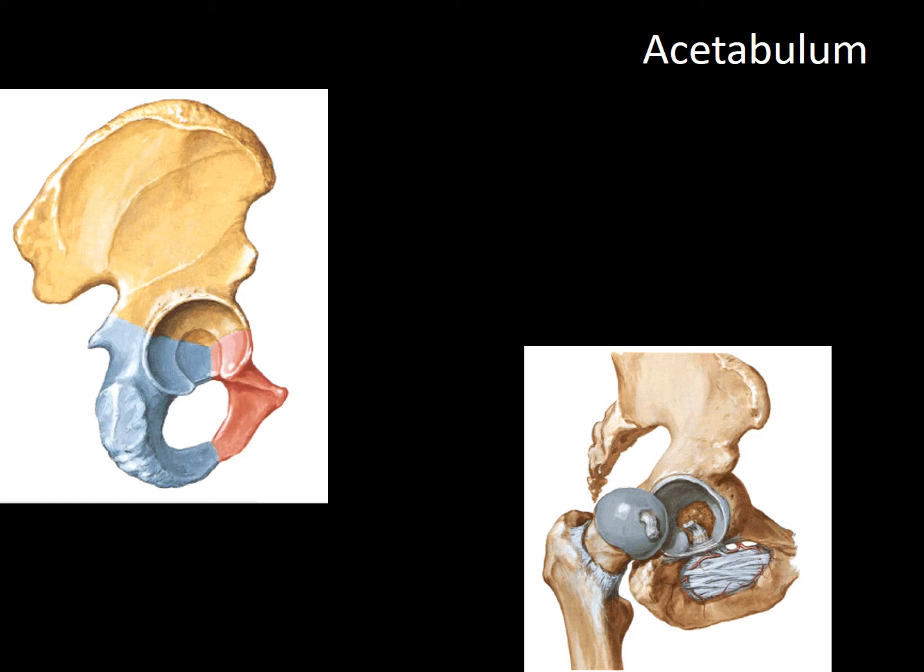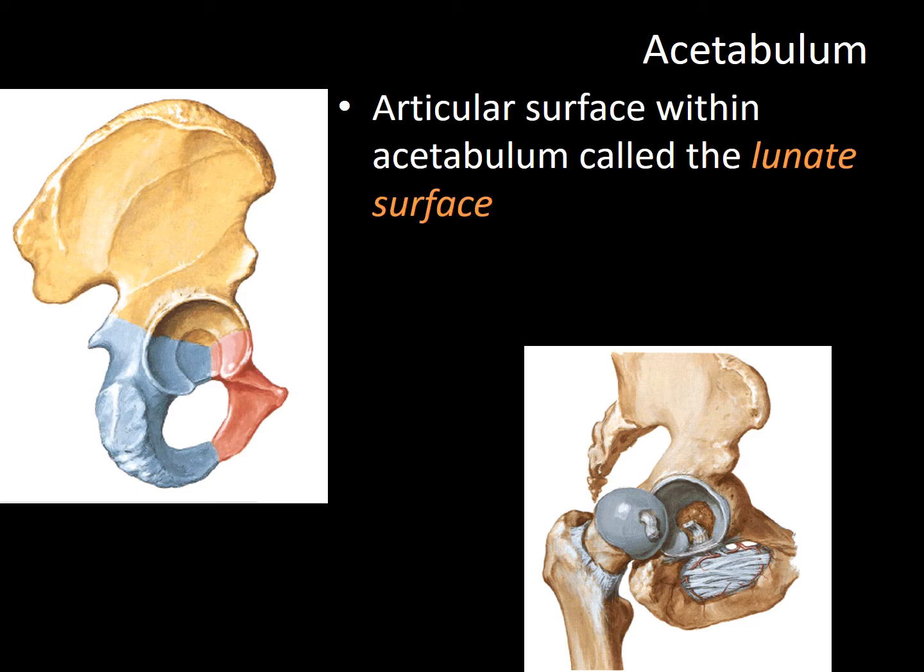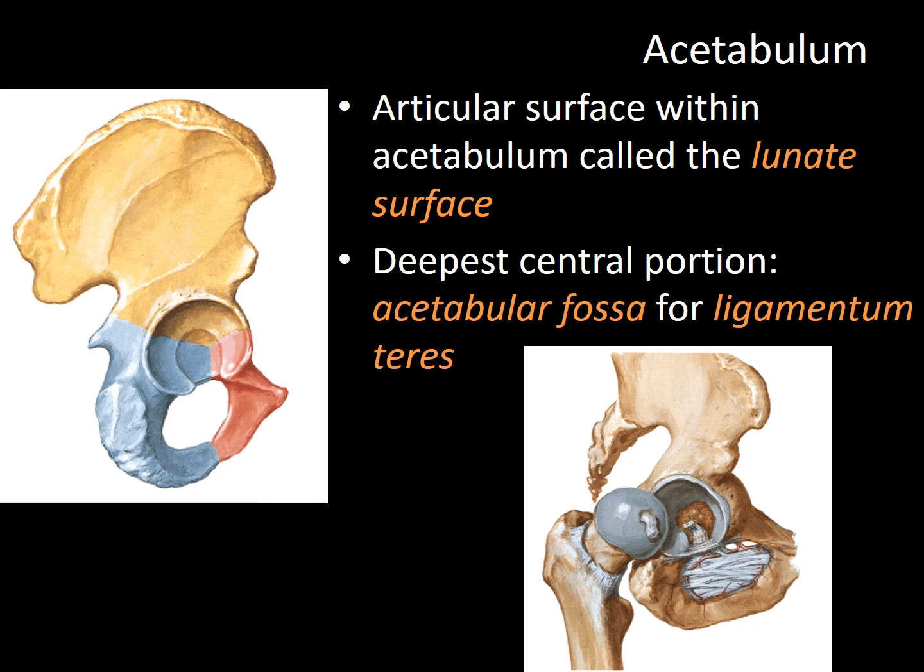A little bit more information about the acetabulum. The articular surface within it is called the lunate surface because, you guessed it, it's shaped like a moon. So here's the lunate surface here. That's the actual articular surface of the acetabulum. And that deep central portion is called the acetabular fossa. So this indentation here, and what it does is house a ligament called ligamentum teres.